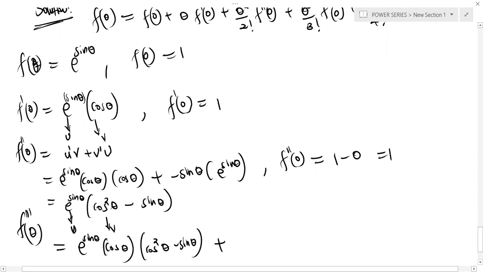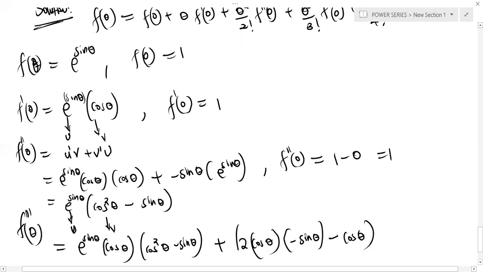So if we differentiate this, let's first of all start by differentiating cos squared theta. The derivative of cos squared theta is 2 cos theta into minus sine theta. Okay, minus the derivative of sine theta is cos theta.